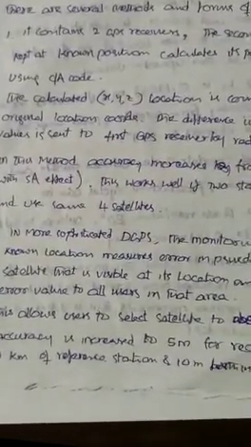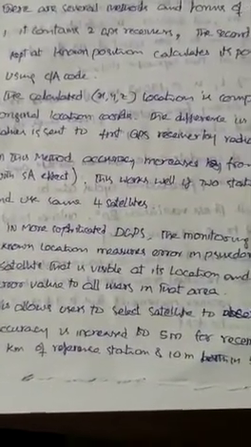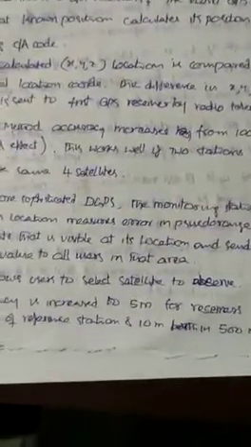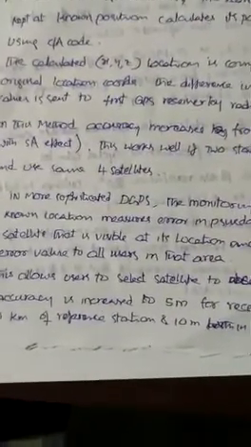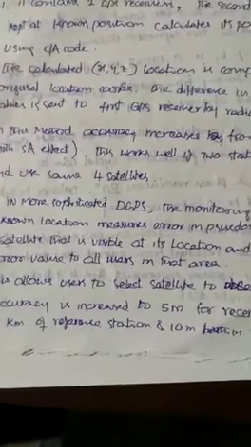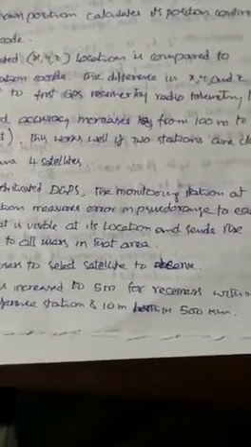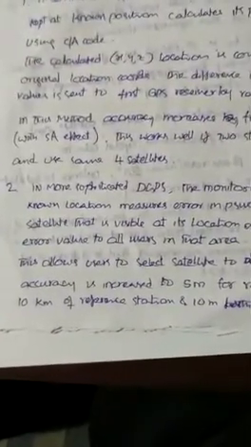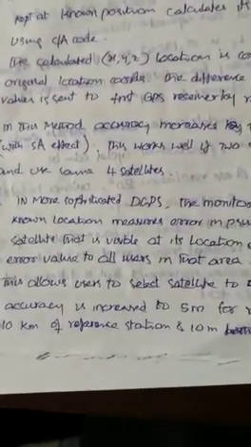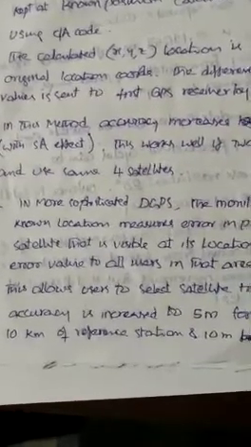So, whenever a user selects the satellites for observation, he makes the necessary corrections, and the accuracy can be increased by this method to about 5 meters for receivers within 10 kilometers of the reference station.